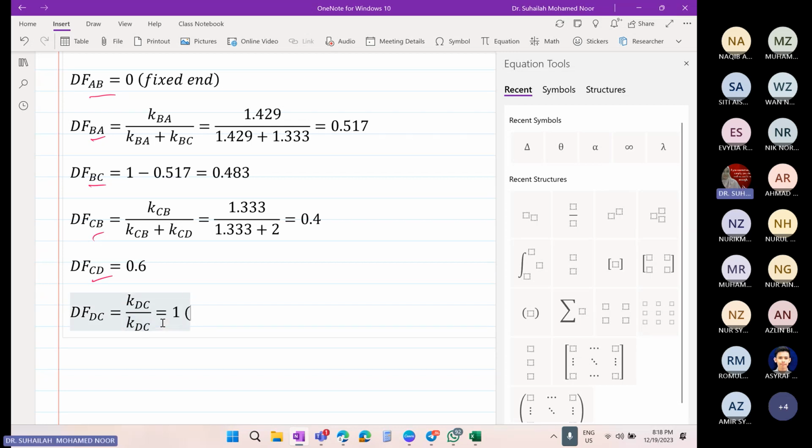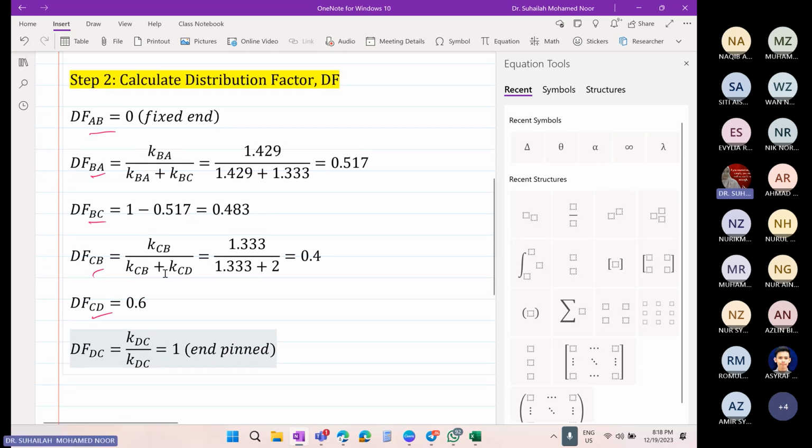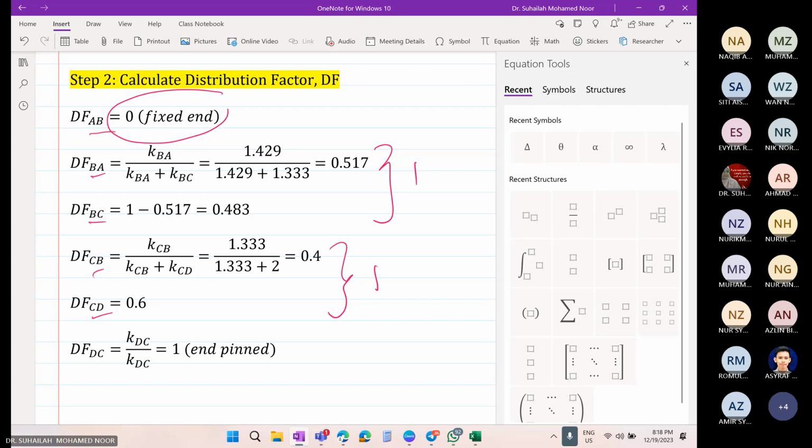And this is for an end pin. Actually for all joints the distribution factor is 1, except a fixed end, because KA is infinity.